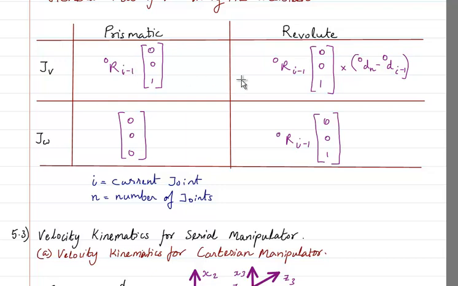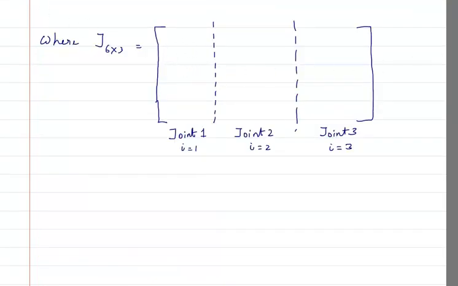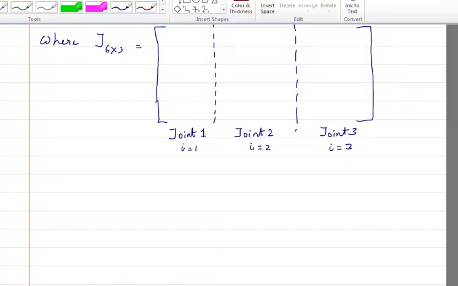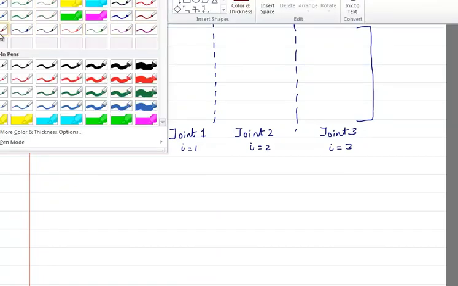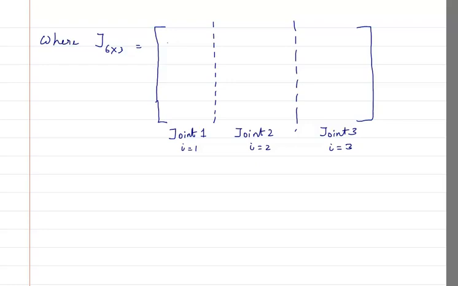Based on that, I can clearly say that it will be R, 0, i is 1 here, so i minus 1, which is 1 minus 1, is going to be 0, and then 0 0 1.